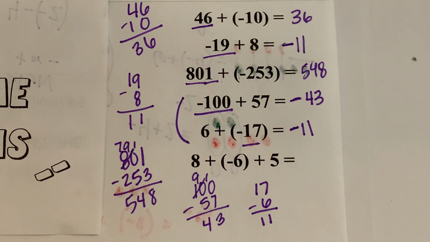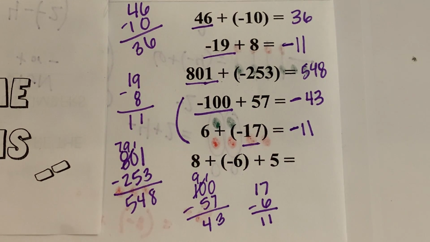Okay, for the last one, everybody look up here. When you have more than two numbers, if the signs are different on some of them, so we've got a positive, a negative, and a positive, but we're supposed to add them all up, the first thing I want you to do is take everything that's alike and put it together. That means if there's more than one positive, add those up.